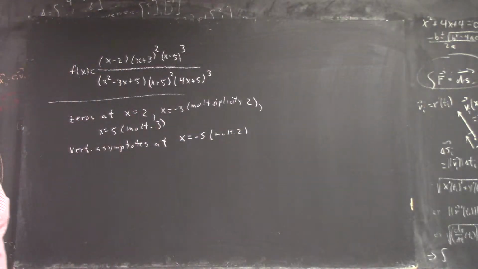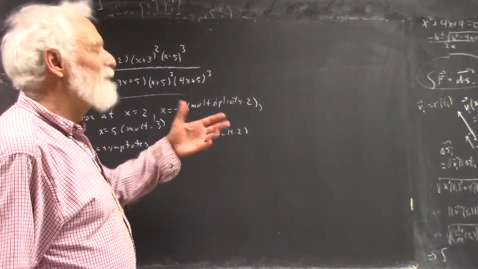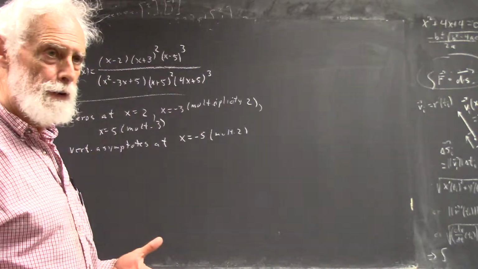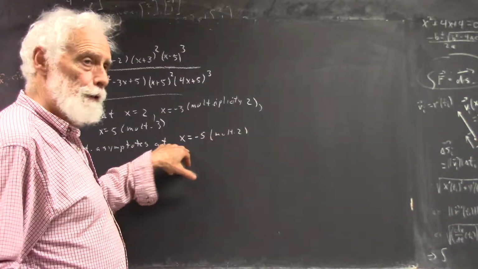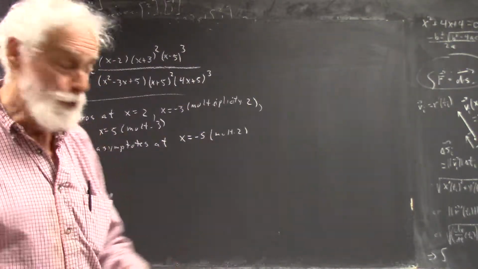There are vertical asymptotes at x equals negative 5. Really you usually just talk about multiplicity of zeros, but in the polynomial that's a denominator, it does have a multiplicity 2. That's going to affect what happens.